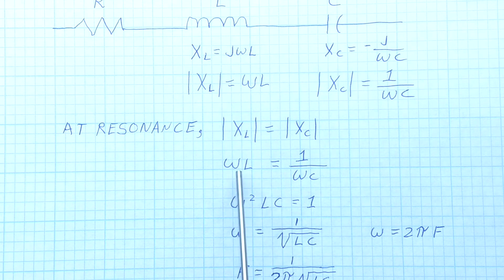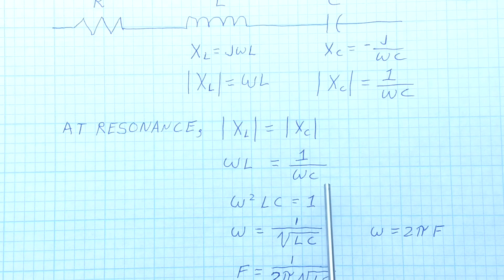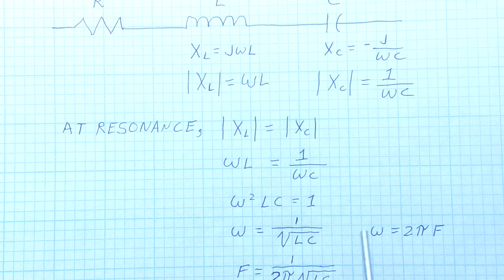So that means omega L is then equal to 1 over omega C. So we can solve for omega, and we end up with 1 over the square root of LC. And since omega is 2 pi f, the resonant frequency is 1 over 2 pi times the square root of LC.